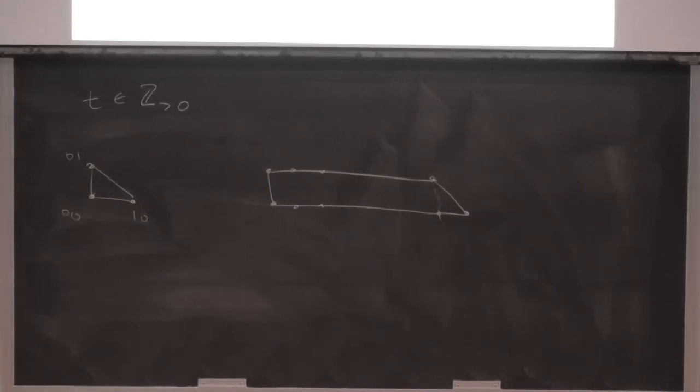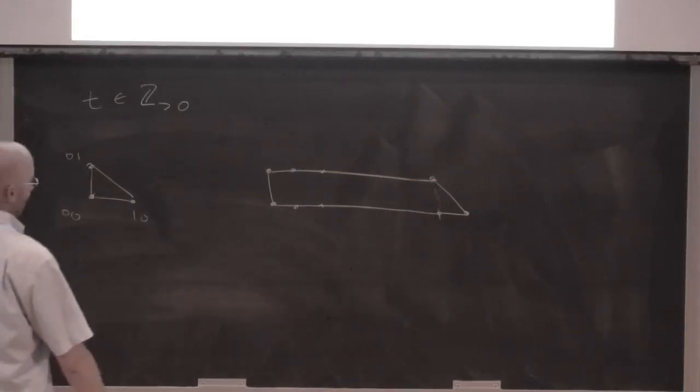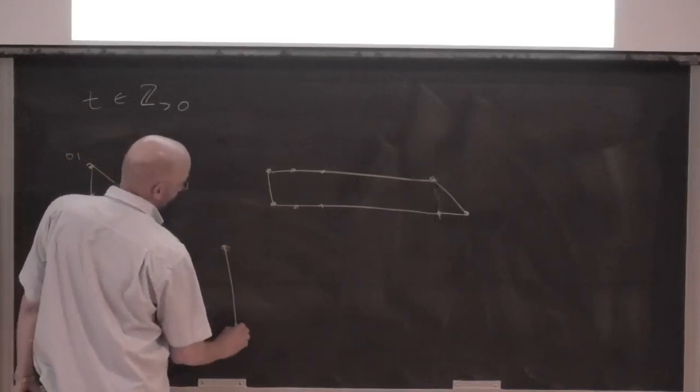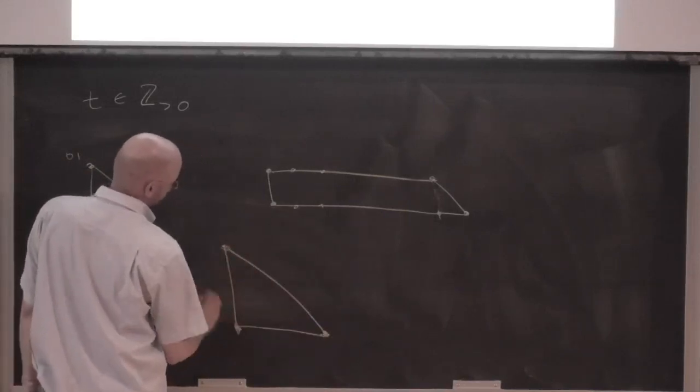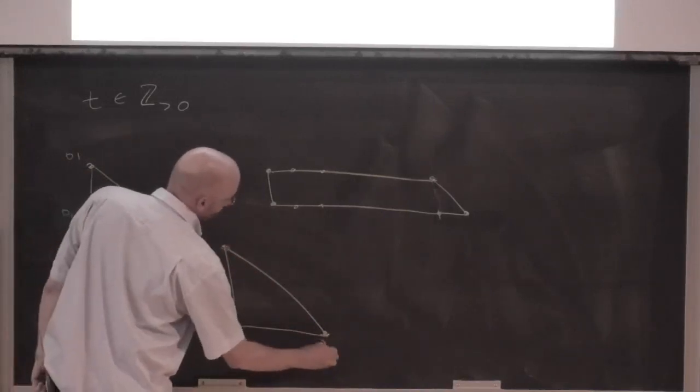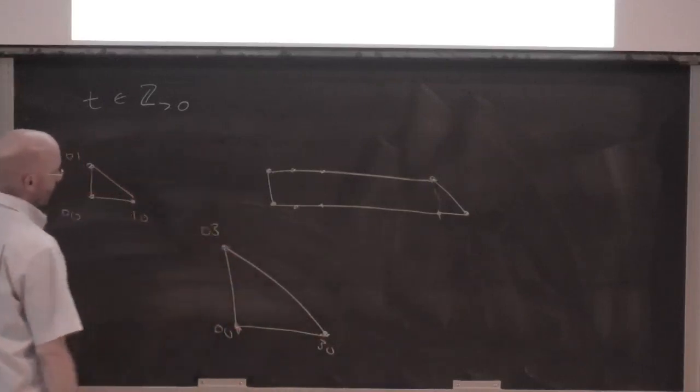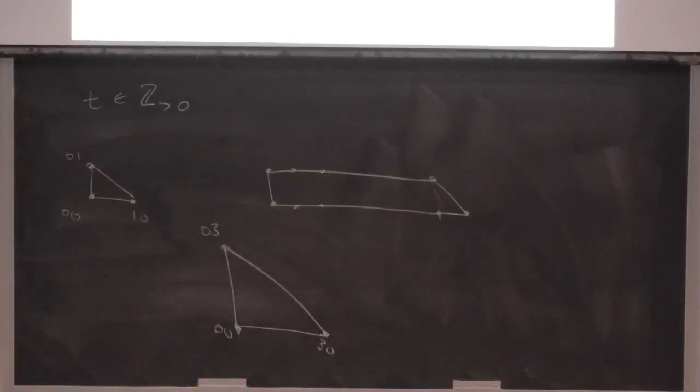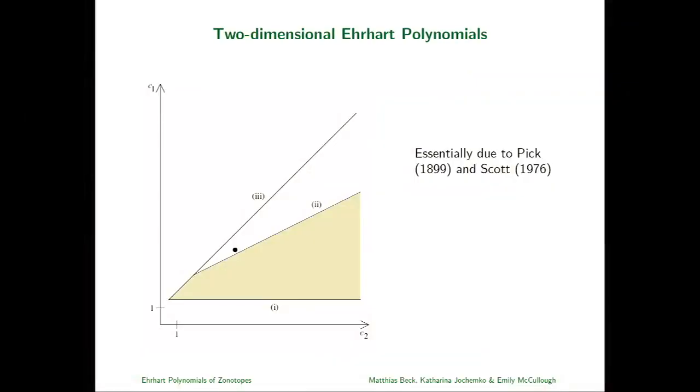And then you might ask, what's this point over here? Well, I can tell you the polygon it belongs to. This is the polygon that belongs to this triangle over here. I shouldn't try to compute live.